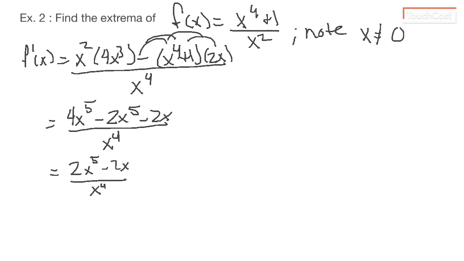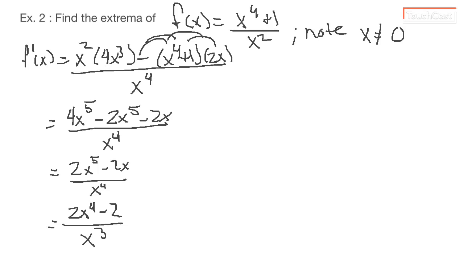And since every term has an x, let's simplify it just a little more. We can divide an x from everything. We're going to get 2x to the fourth minus 2 over x cubed. So that's our derivative. We're going to leave it that way.